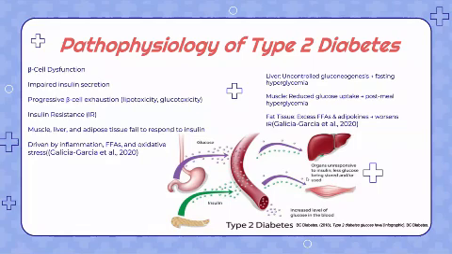As the beta cells become less effective, insulin production decreases, making it even harder for the body to control blood sugar levels. And for the next slide, I'm going to talk about some symptoms shown in type 2 diabetes.